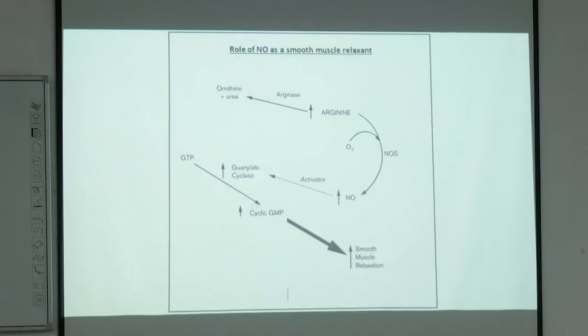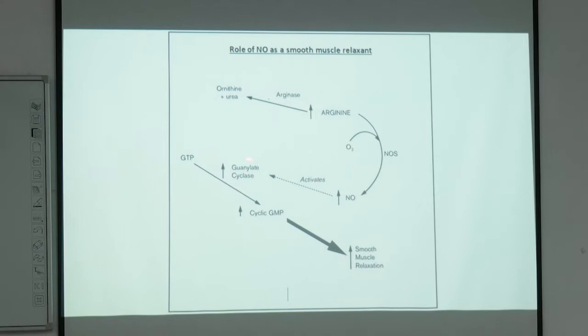So this is arginine. When arginine is acted on by arginase, it produces urea and ornithine. When arginine is acted upon by nitric oxide synthase, it produces nitric oxide. This nitric oxide activates the enzyme guanylate cyclase.